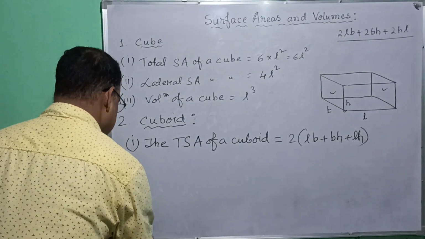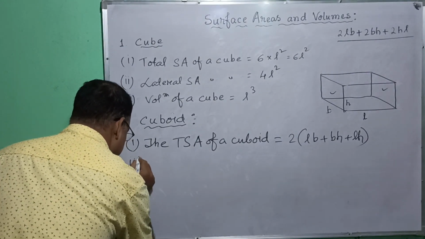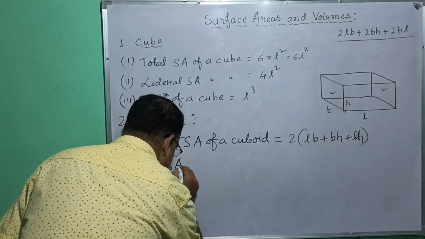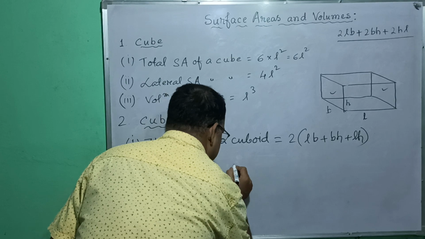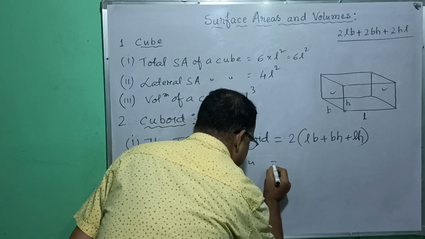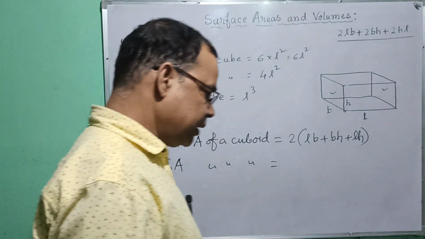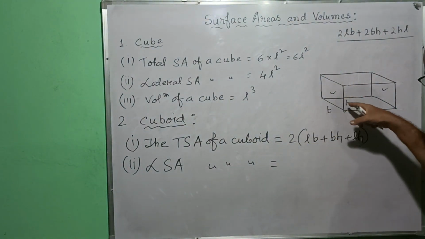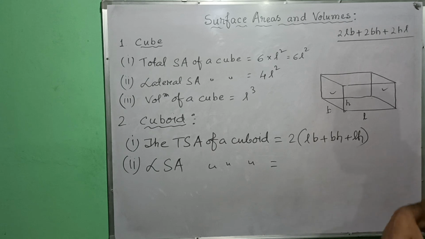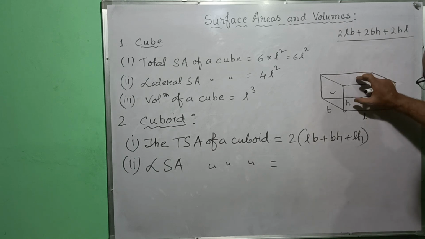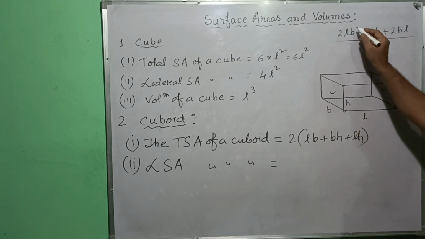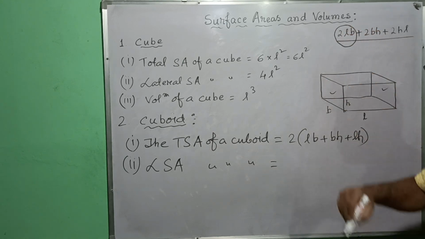Now we'll write number 2, LSA, that is lateral surface area of a cuboid, equals. In a similar way, in case of cube also I explained that lateral surface area means the sidewise area, other than top and bottom. So top and bottom is the area of top and bottom.